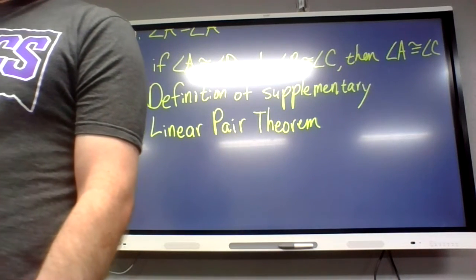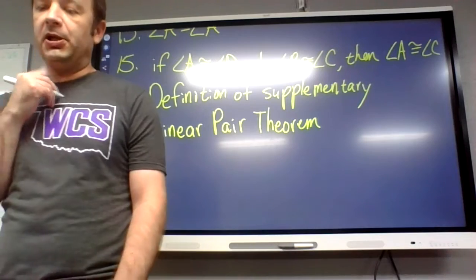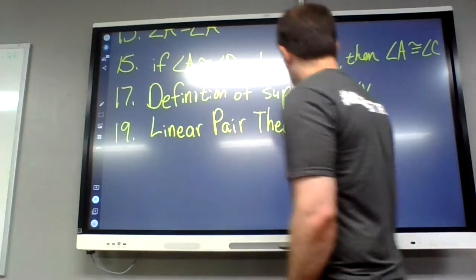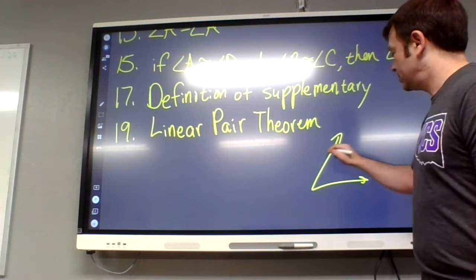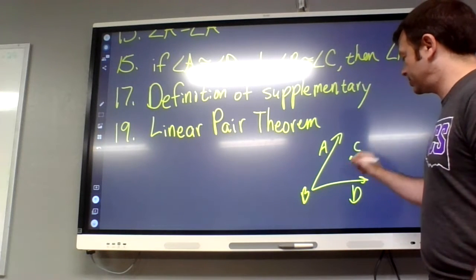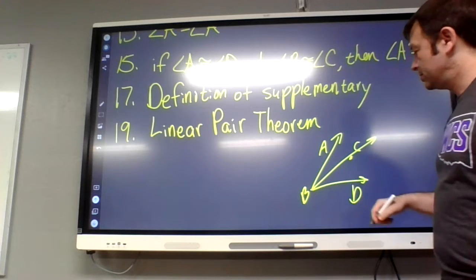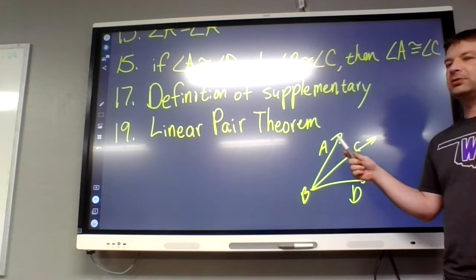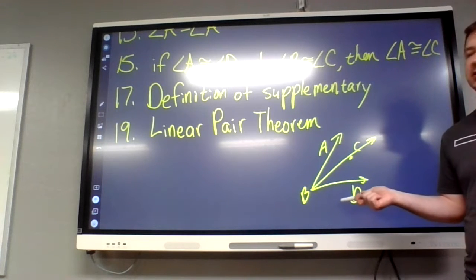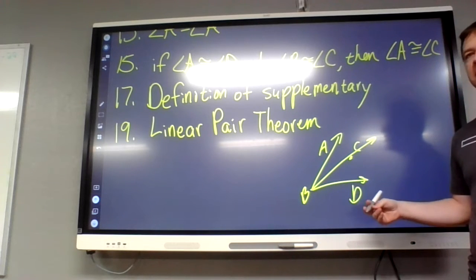Let's look at 20. It says if C is a point in the interior of angle ABD. So let me draw that. Here's angle ABD. C is somewhere in the interior. So then it says angle ABC plus angle CBD equals angle ABD.